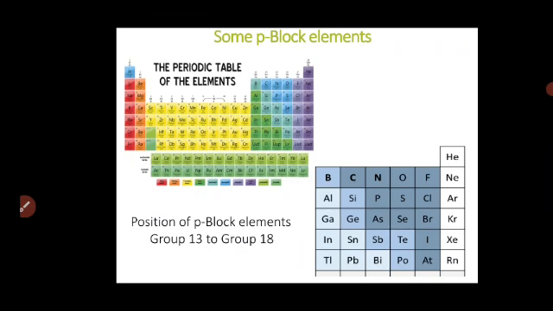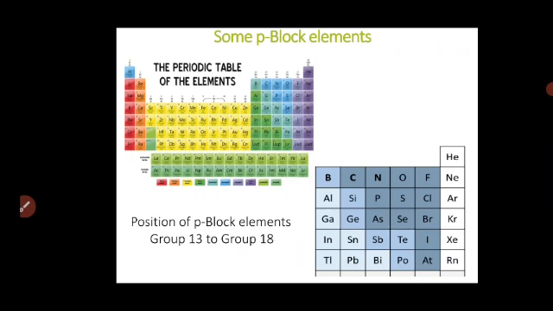Blockwise electronic configuration, which we call as general electronic configuration. In that we have studied for S block elements, the general electronic configuration is given as rare gas or noble gas, and ns 1 to 2, where n shows number of periods and s shows the s orbital, that is the last electron enters in s orbital.